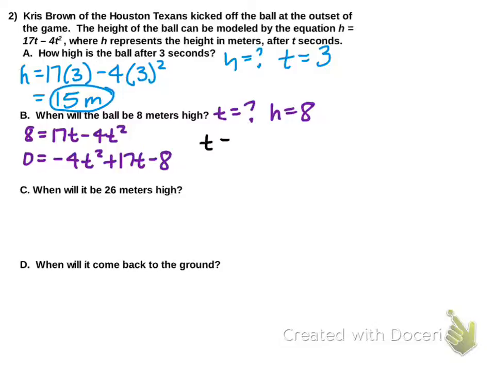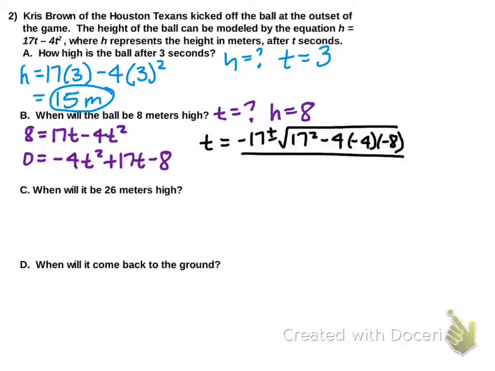I have t. I guess I'll write t, on the last one I wrote x. But t is going to be equal to negative 17 plus or minus the square root of 17 squared minus 4 times negative 4 times negative 8, all divided by 2 times negative 4.